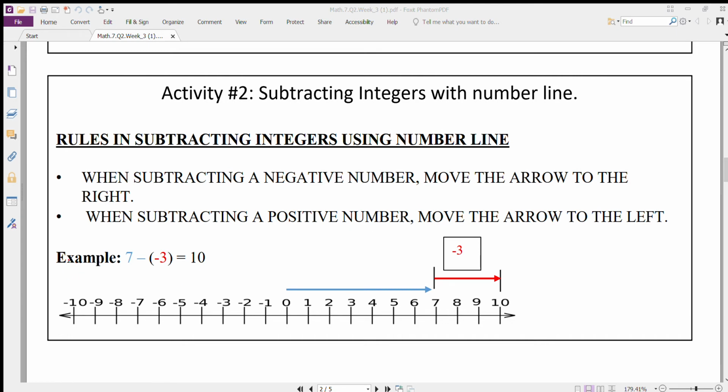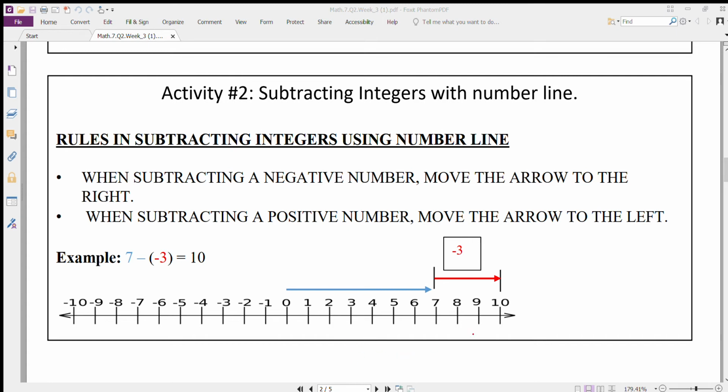What is opposite? Opposite is basically the same number but different sign. So let's say we have negative 7. What's the opposite of negative 7?